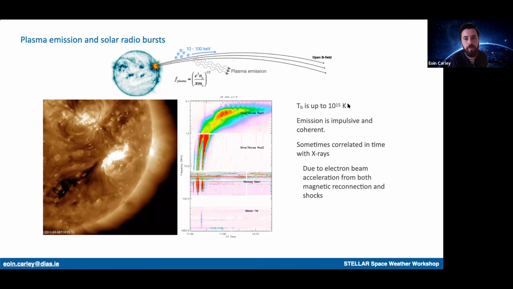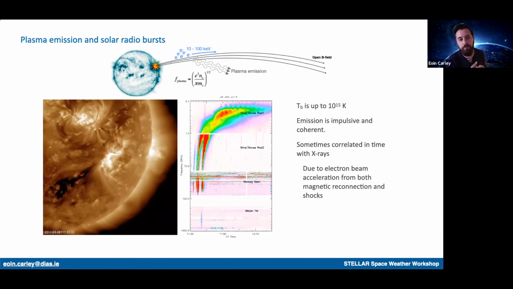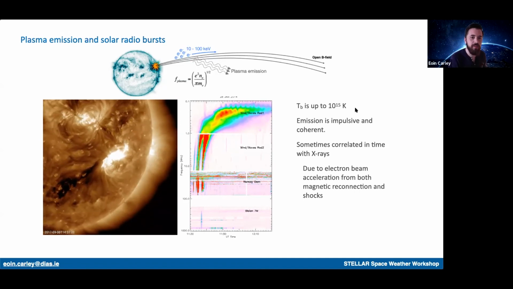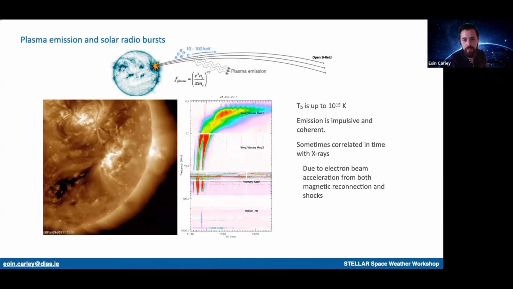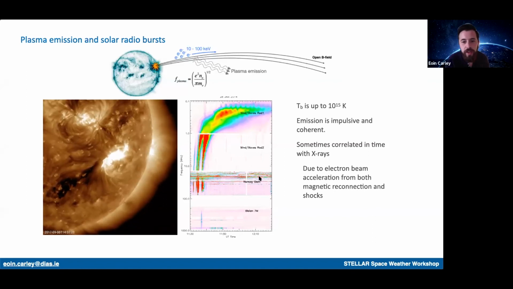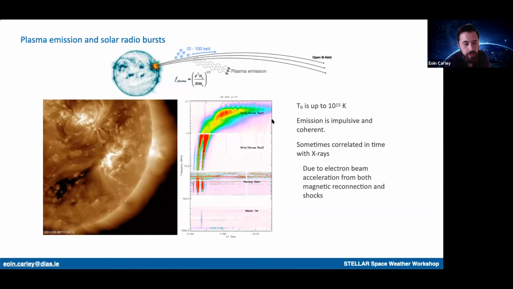As it gets lower in frequencies, it can be as high as 10 to the 15 Kelvin, which is clearly not an actual measure of the plasma temperature. That would be kind of unphysical. This means it's a coherent emission mechanism from plasma oscillations. So the emission is impulsive and coherent, and it can be associated with X-rays as well. So it tells us it's associated with energetic electrons.